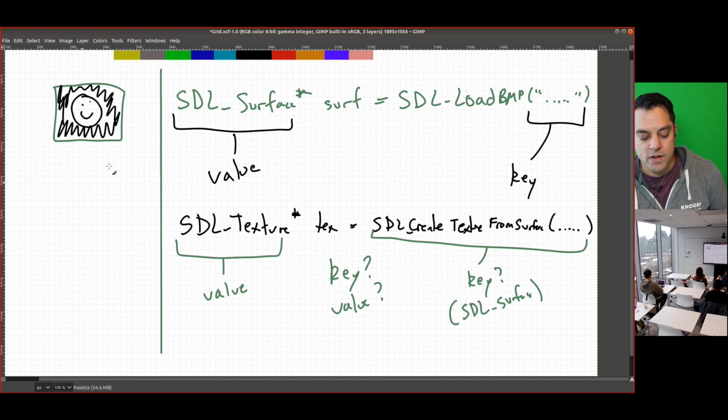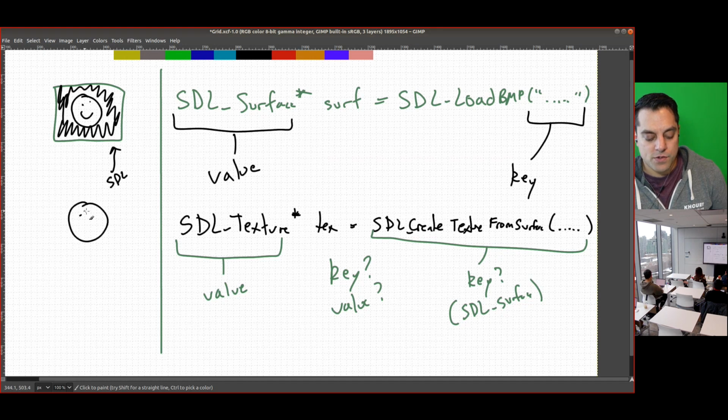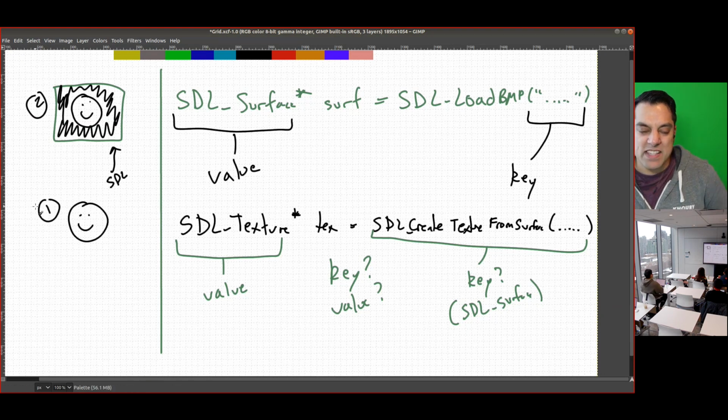So that could mean you'd have two different surfaces, one for the transparent smiley face with nothing around it, and then another surface for this actual smiley face with all the pixels around it. So that's the idea for why you might want to think about that just a tiny bit.